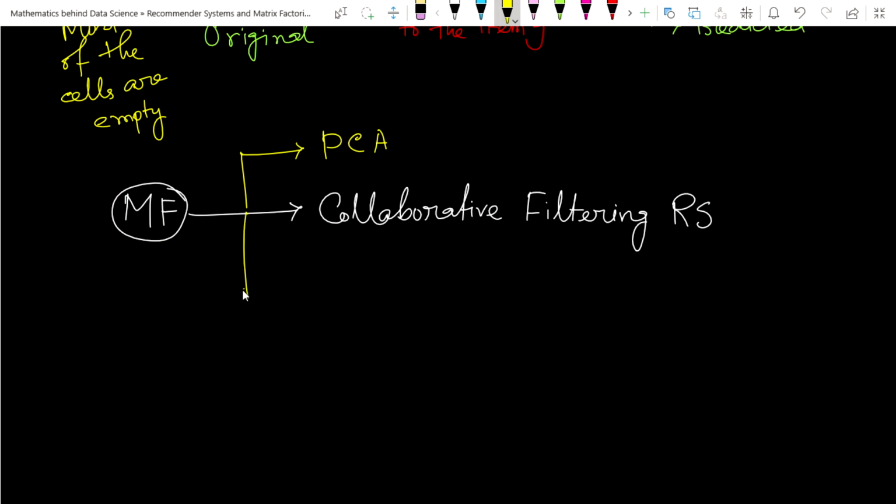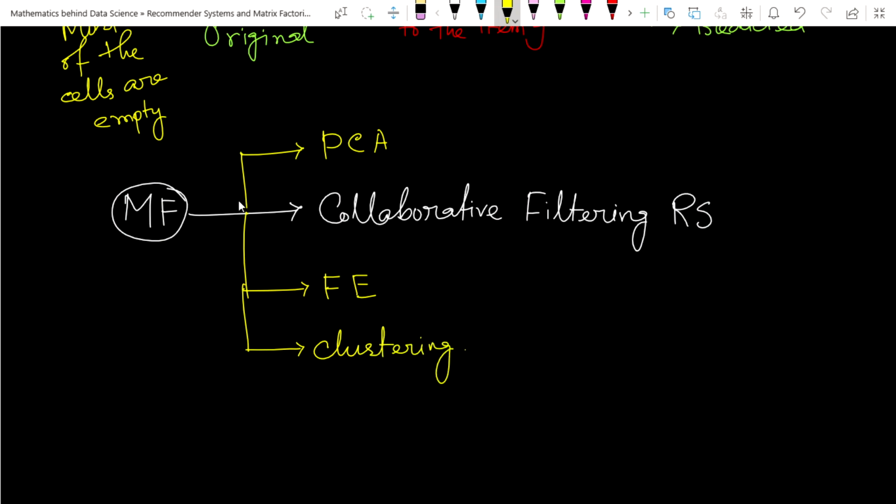In the next video we will see how to use this matrix factorization technique for feature engineering. After that we will see how to use it for clustering. We'll see these things.